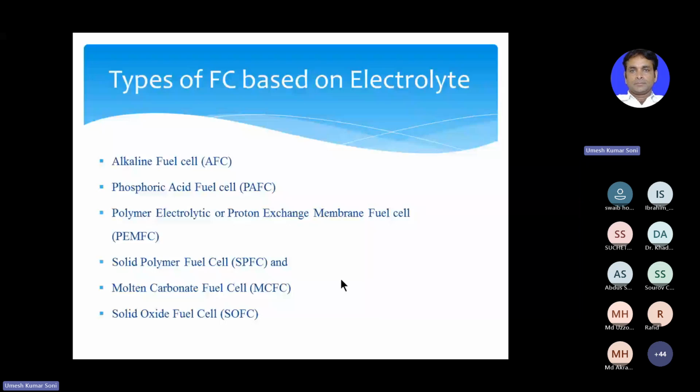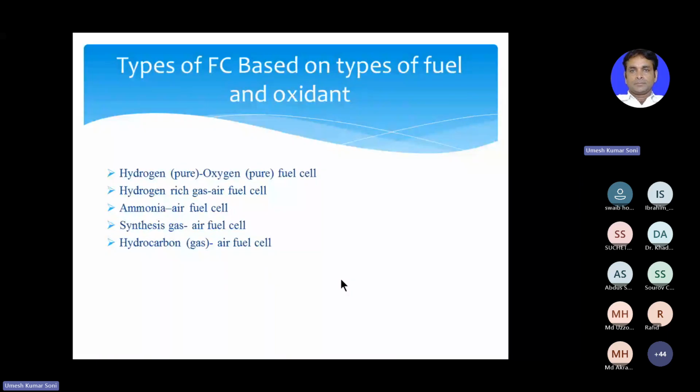Now we have other types of fuel cells, which are mainly based on the types of fuel and oxygen. The hydrogen-oxygen fuel cell is mainly what we have studied till now. Then hydrogen-rich gas and air: air has the oxygen content, and hydrogen-rich gas has the hydrogen.